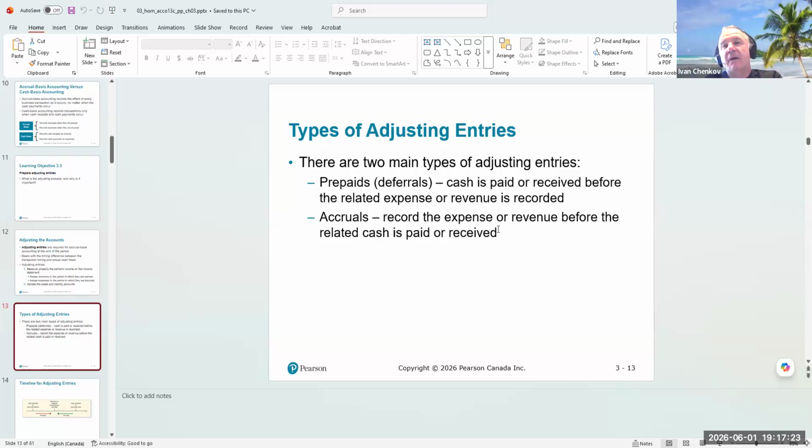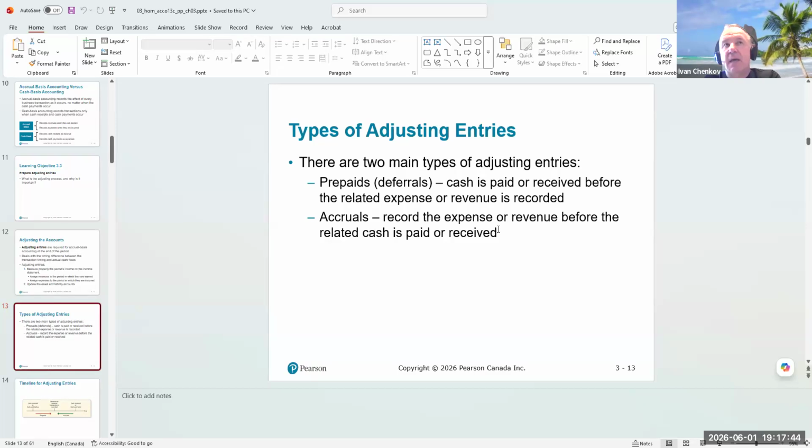If I pay the cash upfront, let's go with the example that you're paying the cash to Douglas College. Did you receive the service? When you pay the cash at the end of April, have you received any service?